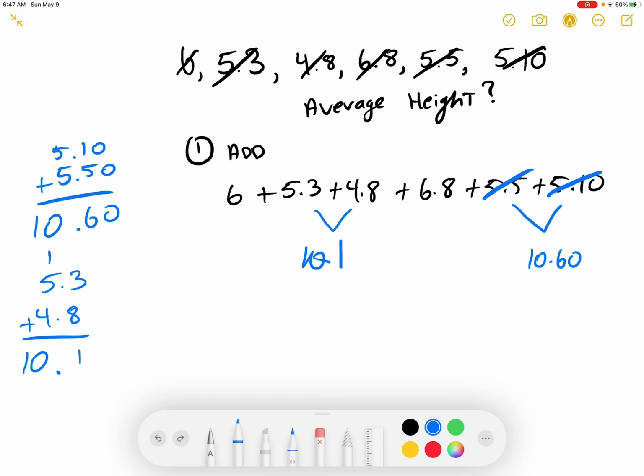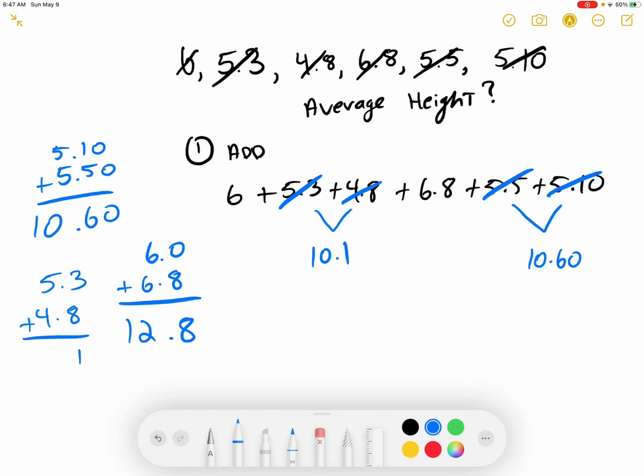So this is 10.1. And then let's do 6.0 plus 6.8. That's 8. 6 plus 6, 12. So 6 and 6.8 gives us 12.8.